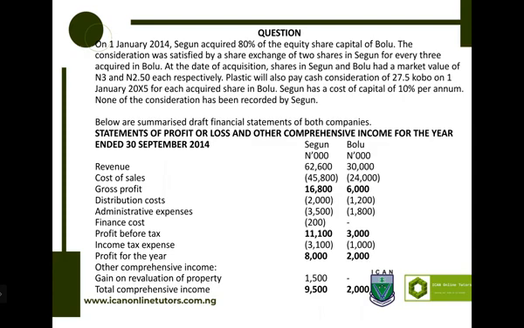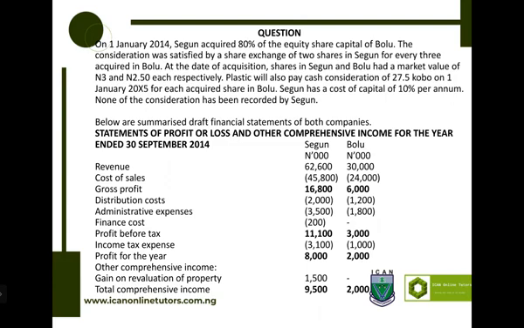And at the date of acquisition, shares in Segun and Bolu had a market value of 3 naira and 2.50 respectively. So close to the question we just finished. Segun will also pay a cash consideration of 25 kobo on 1st of January for each share acquired in Bolu. But Segun had a cost of capital of 10% per annum. And none of this consideration has been recorded by Segun.